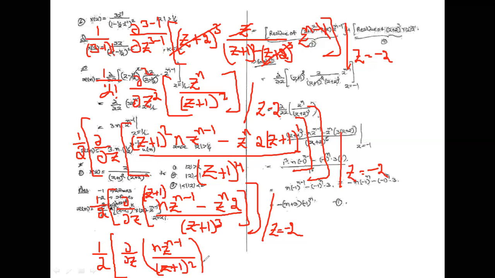The second part, minus 2 into z power n whole divided by z plus 1 whole cube.